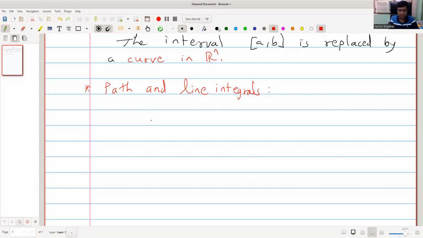Definition. Let alpha from the closed interval [a, b] to Rn be a vector valued function.